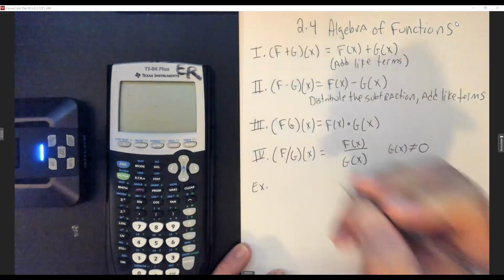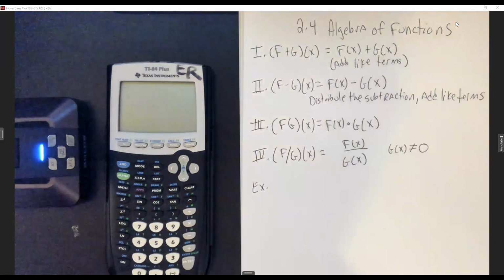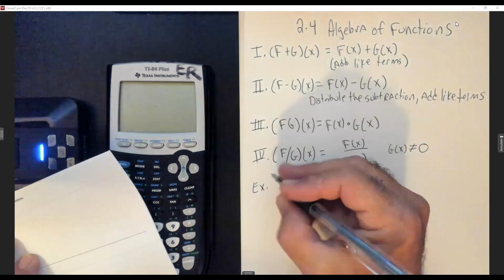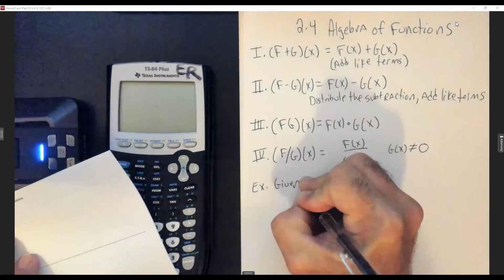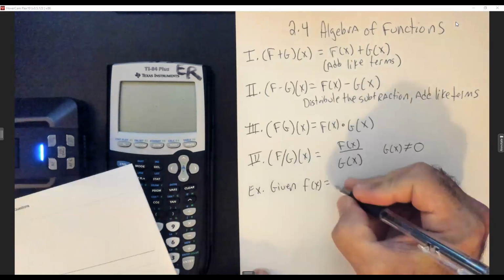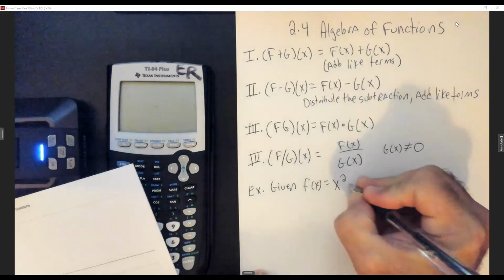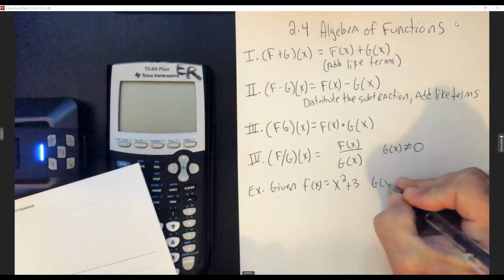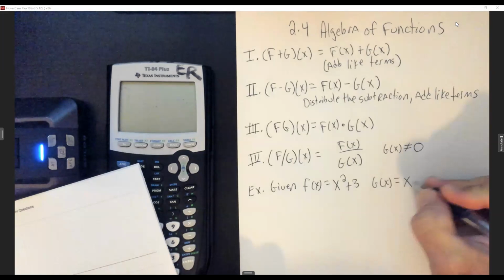The best thing I do when I first set up my problems is keep everything in parentheses, and then I work from there. So y'all watch this. We're going to be given f of x equals x squared plus 3. G of x is going to equal x plus 2.